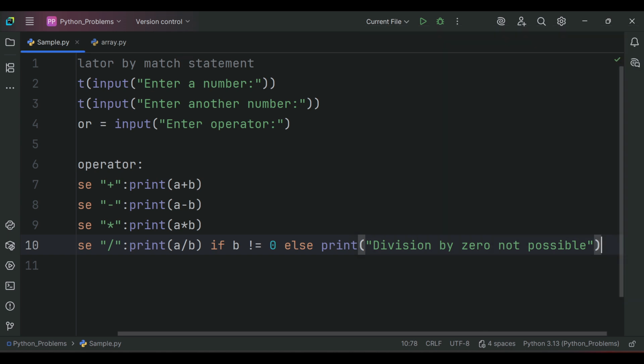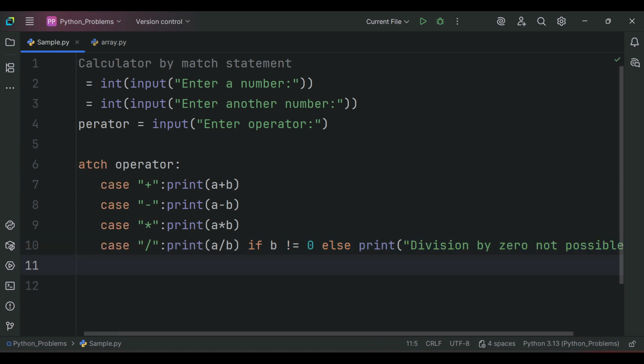If b is not equal to 0, the division is as usual; in the other condition, division by 0 is not possible. That's why here you use the ternary operator. Now, if any remaining unusual operator is given, at that time use a hyphen and print invalid operator. This is the program, friends.